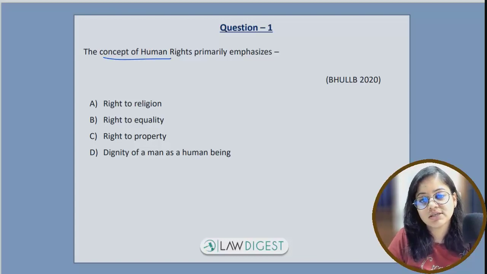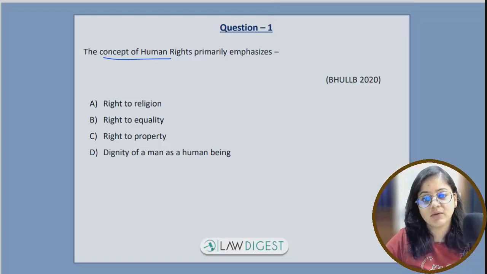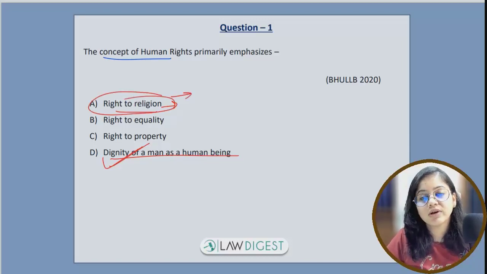The first question says कि जो concept है human rights का वो किस बात पे emphasize करता है, on what does it emphasize. So the correct answer to this one is option D, that is dignity of man as a human being. Because right to religion जो है ये एक freedom of religion के head में fall करता है.